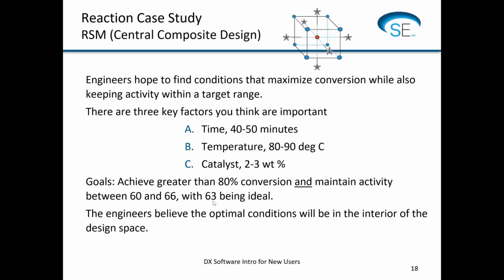And we'd like 63. If we could get 63, that would be ideal, but it has to be between 60 and 66. And we think the optimal conditions are most likely to be in the interior of the design space, the interior of the cube formed by the blue dots.